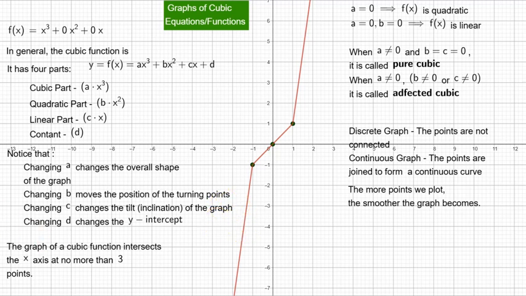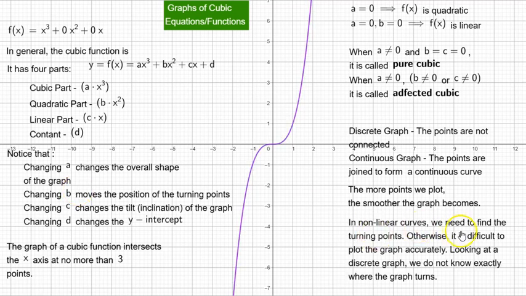Now here we have taken integer values for x. So let's take some decimal values as well. Yes. Now do you notice it is becoming closer and closer to the actual graph, which is this. So the more points we plot, the smoother the graph becomes.